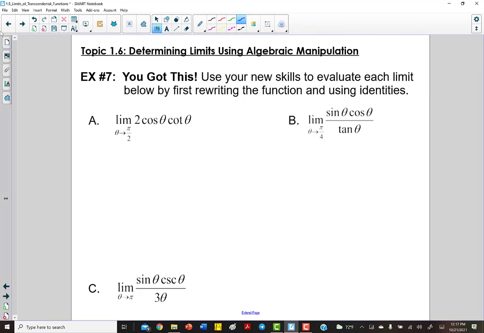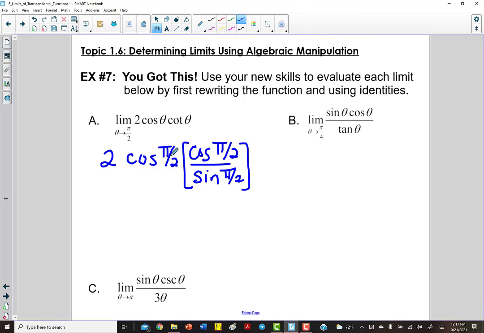Let's see. Then in example 7, we're going to use those new skills to evaluate each limit below by first rewriting the function and then using identities. In the first one, cotangent can be written again as 2 times cosine pi over 2, and then cotangent could be thought of as cosine divided by sine, and then using direct substitution at the same time.